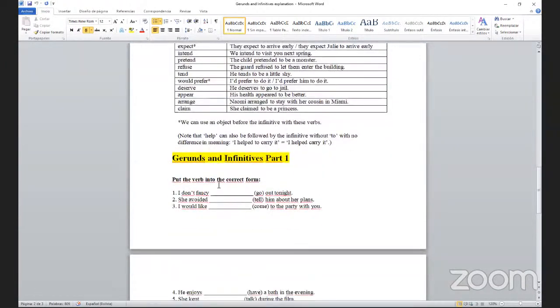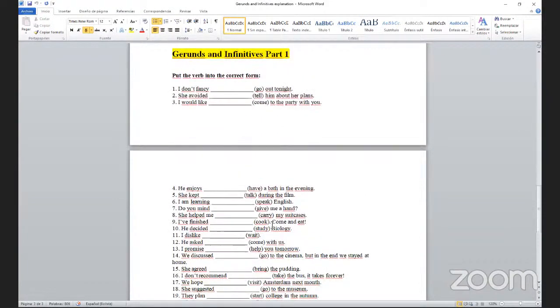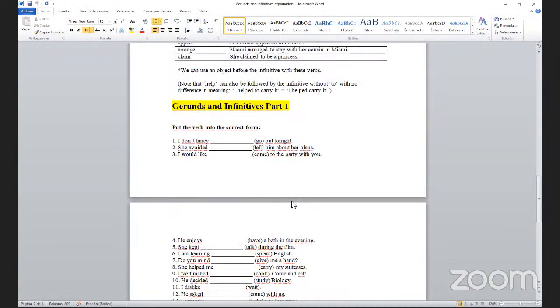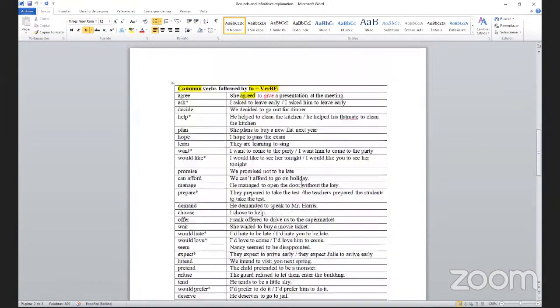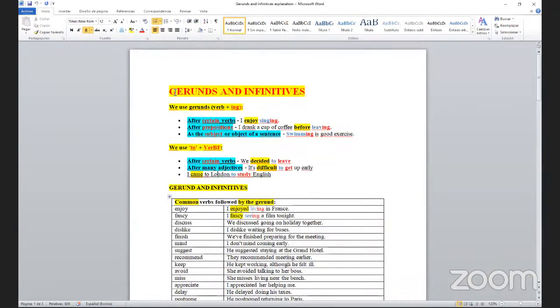So after that, you could find here some exercises in order to practice, and if you maybe have some doubts, okay? So I didn't send you this, right? I sent you the first, but I didn't send you the second, right? I remember this. Yes, I remember.